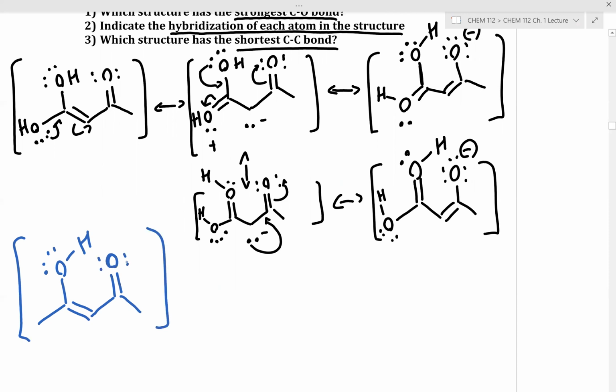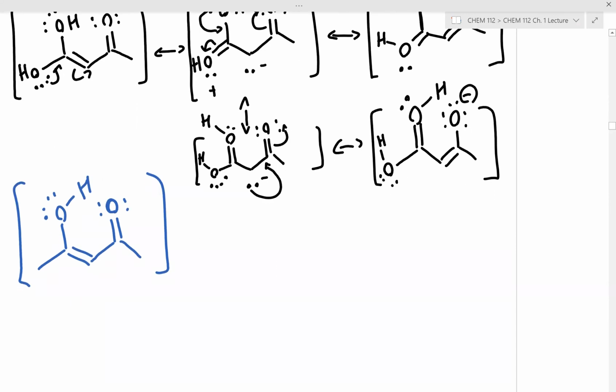And of course, we have a lone pair and a double bond. Can we delocalize our lone pair? Can we push our lone pair down? Yes. So let's do just that. We take our lone pair, we kick it down, and we generate an anion. You may notice that if you've drawn resonance structures for your first molecule, you're going to be pretty good at drawing resonance structures for our second molecule.